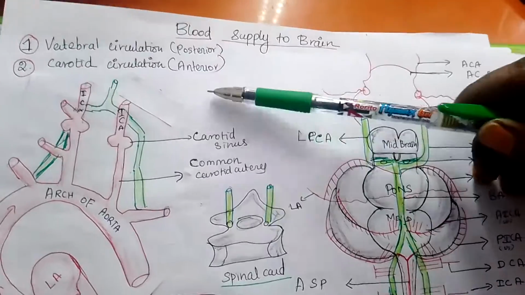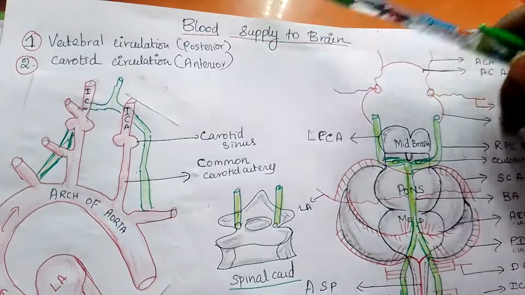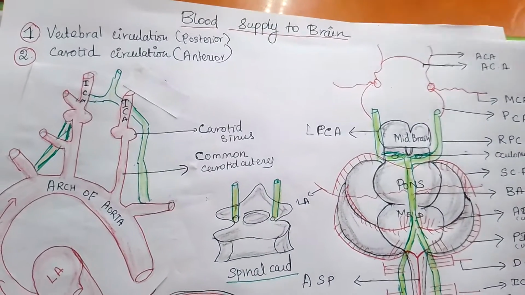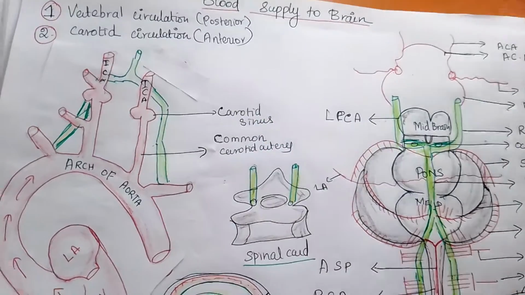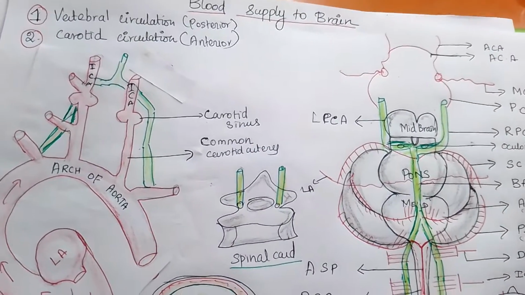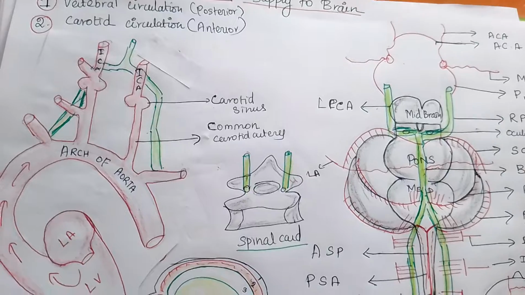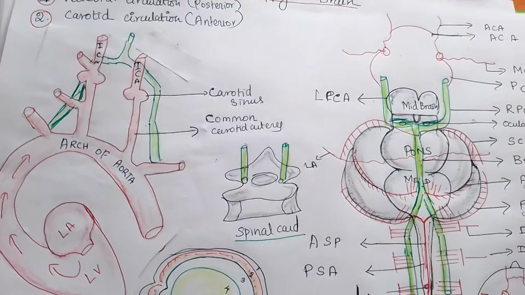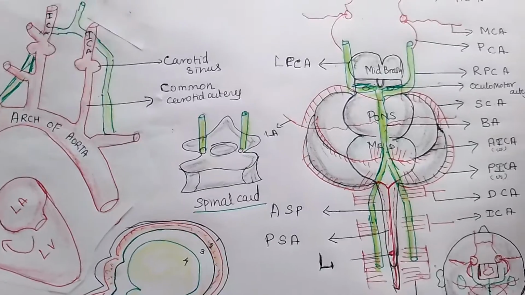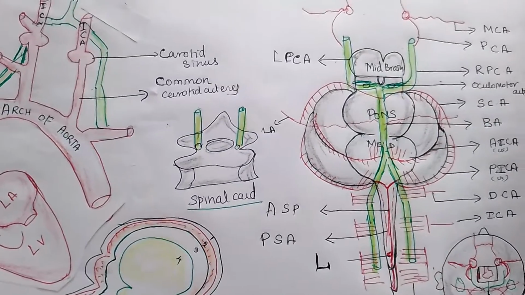Okay, first we will see about the vertebral circulation. What is the posterior? Now you understood where this vertebral artery takes its origin from. It takes origin from the subclavian artery, going upward, medially, laterally, backside, and it goes to the foramen magnum, where it is entering.